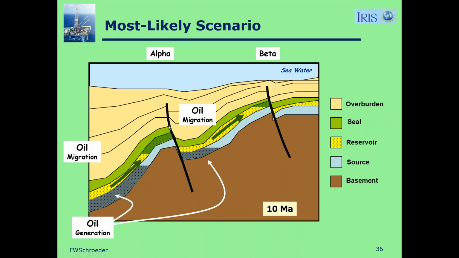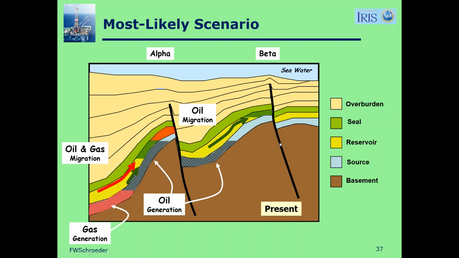For the time being, let me assume that the alpha fault seals, so the hydrocarbons are going to be trapped there. The oil generated in, let's call this the beta syncline, will move up dip and be trapped here. Again, I'll assume that for the time being, at least, this fault also is sealing.